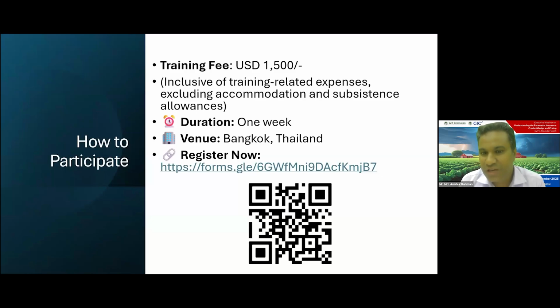Why do we mention 1 week? Because it is a 5-day in-depth training, but participants will have to arrive in Bangkok 1 day before, and they can stay 1 more day. After 31st October, even if they stay 1 more day, we can arrange social, cultural and co-curricular activities. That is our usual practice at AIT Extension.